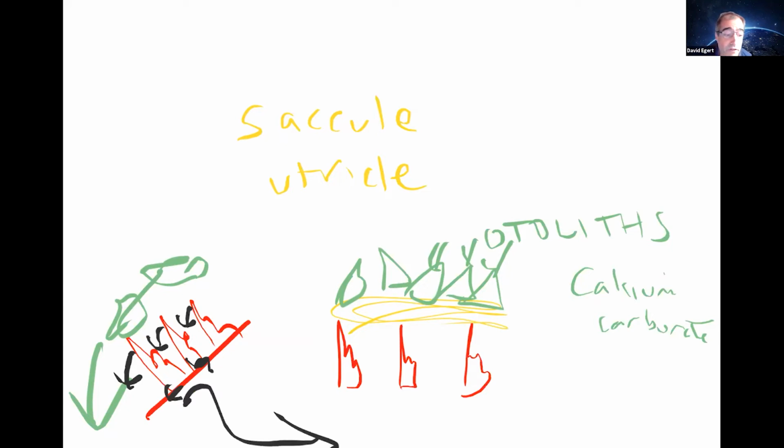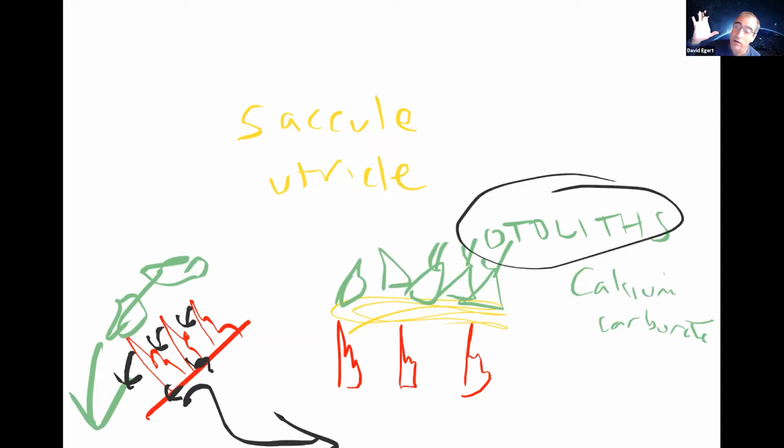Right, so if your eyes are closed even, you have information about which direction gravity is pulling, because as gravity pulls on these otoliths, which are anchored into your inner ear, you know the direction of gravity based on the bending of the hair cells.